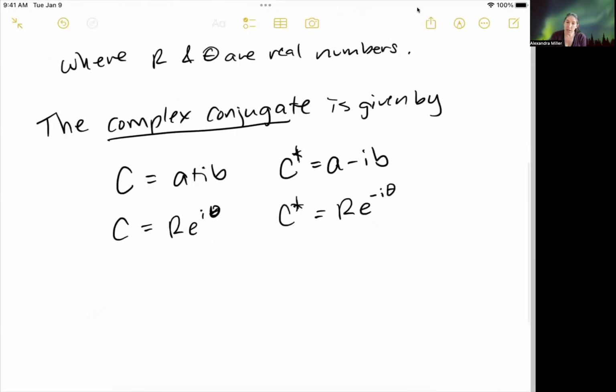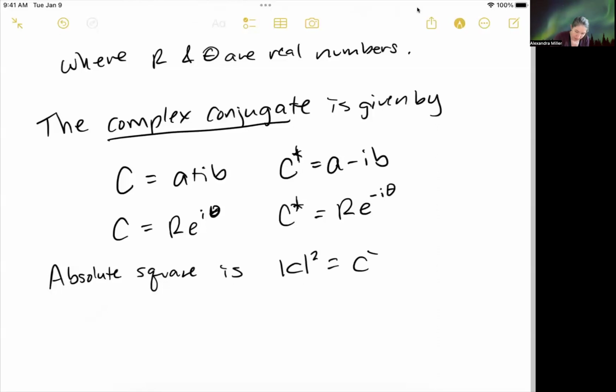And the complex conjugate is going to be very helpful because then we can calculate the absolute square, which we'll write as the absolute value bars squared, which is C star C. And this object is always going to be positive and real.